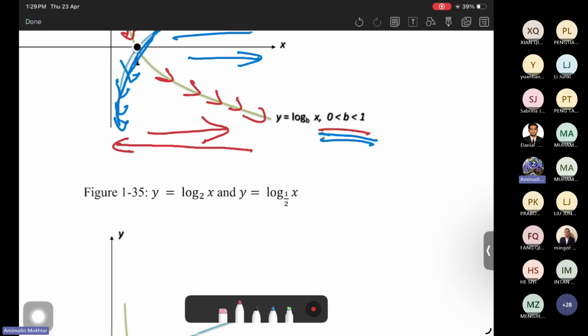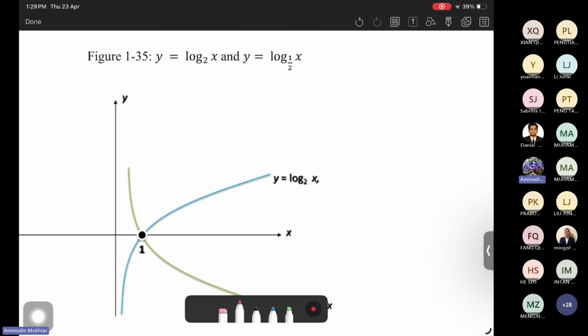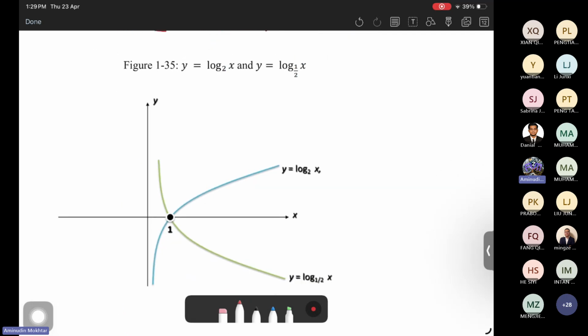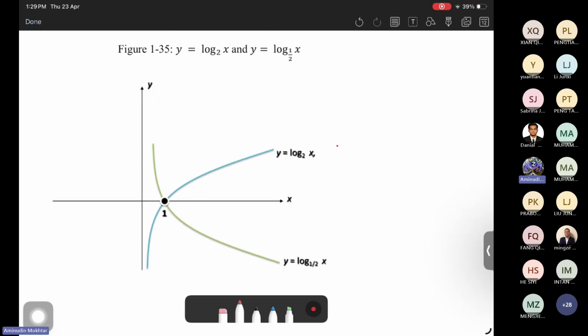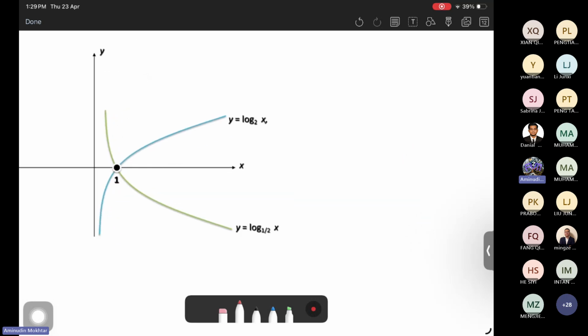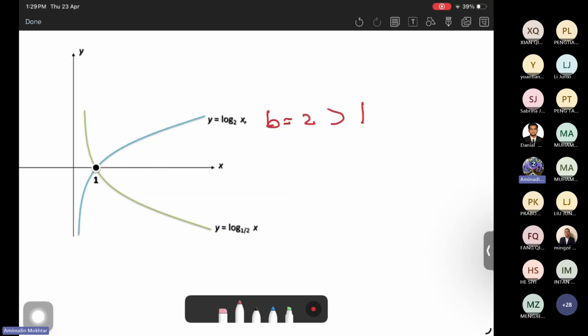For example, please refer to figure 1.35. Let's say we have y equals log base 2 of x and y equals log base 1/2 of x. In this case, b equals 2, which is greater than 1. In the second one, b equals 0.5, 1 over 2, which is between 0 and 1.